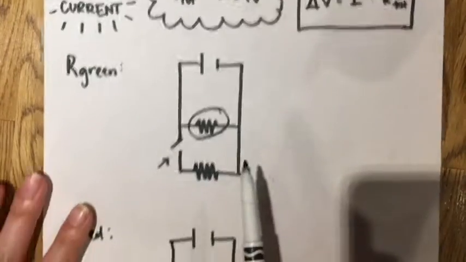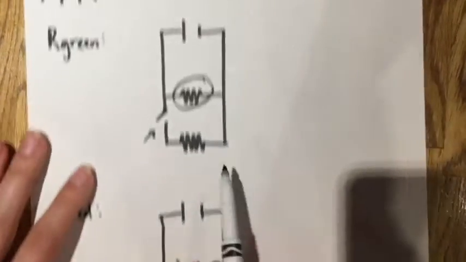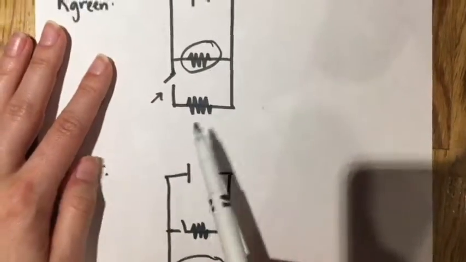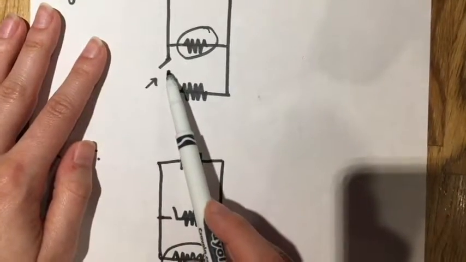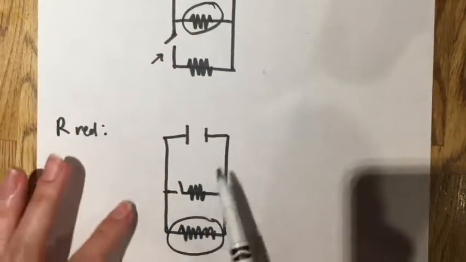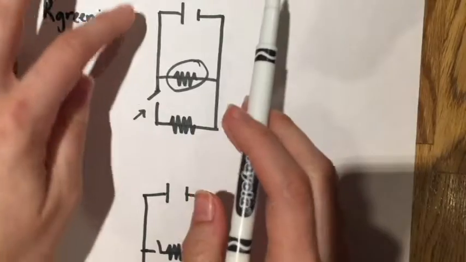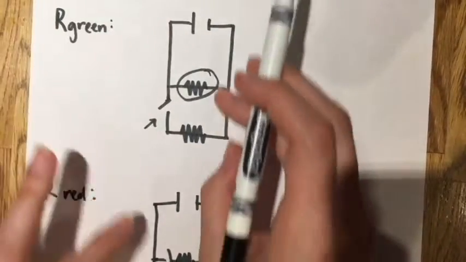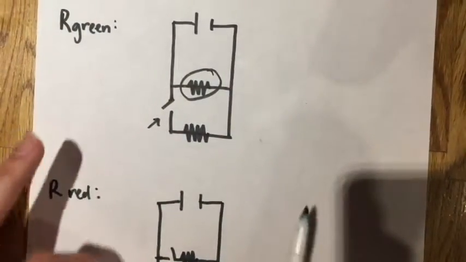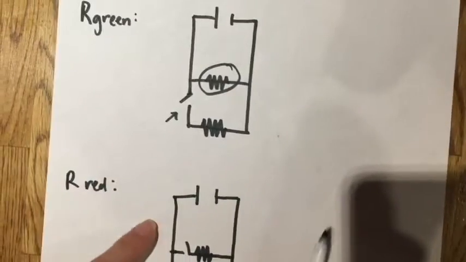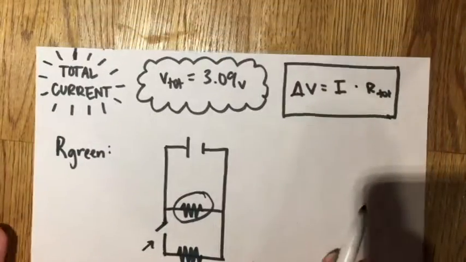And then I also used the ammeter to measure the currents going through each of these resistors. As you can see, the switches are open in certain areas, and that's just so there wasn't any interference from the other one, so that I could find the current for that specific resistor. Okay, so let's get started.